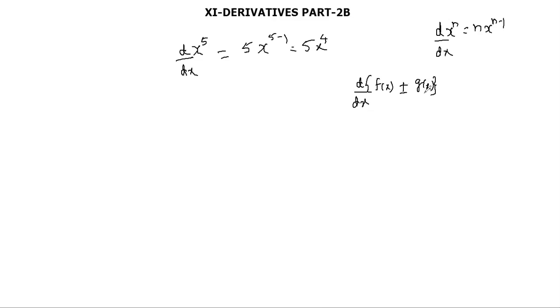This can be plus or minus. So the derivative will directly go inside. You can differentiate both the functions, d by dx of f x and g x, separately, plus or minus, only in case of plus and minus.